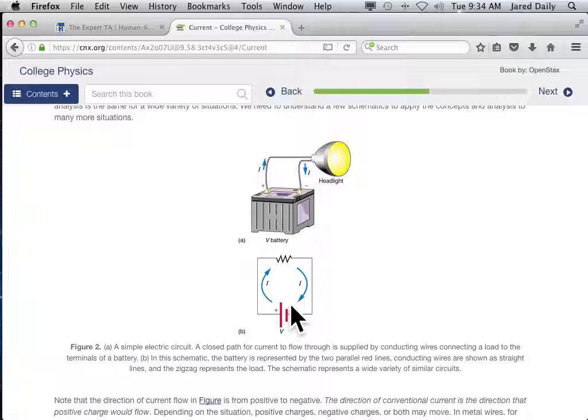Which way are the electrons moving? Clockwise or counterclockwise? This is the quiz of the day. You have a piece of paper out.